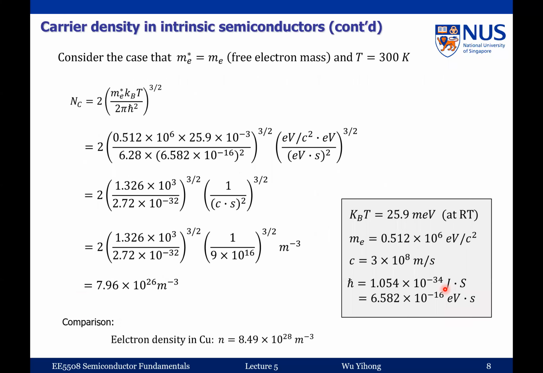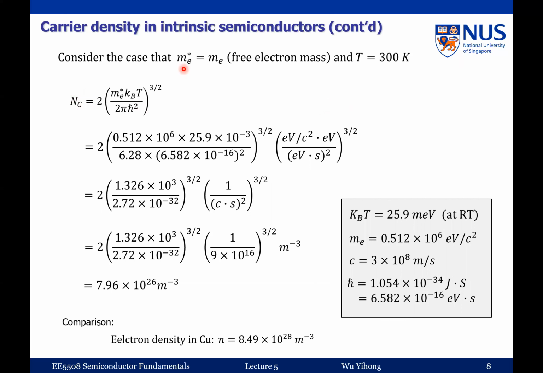Okay. Now, we try to calculate this NC, to see what the scale of NC is, right? Because roughly from NC, once we know the Fermi level, we should be able to know the electron concentration in the conduction band, right? To do this, we just look at a simple case first.